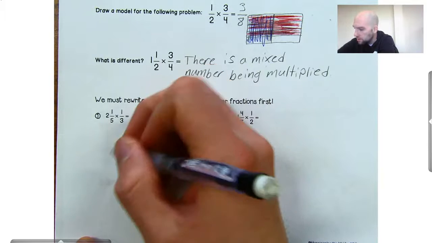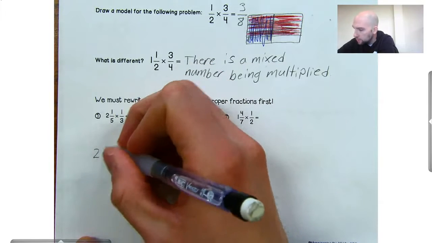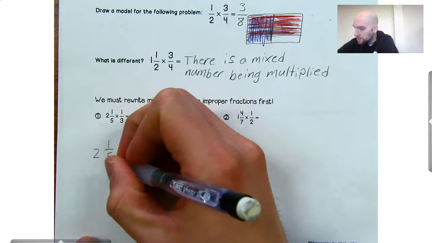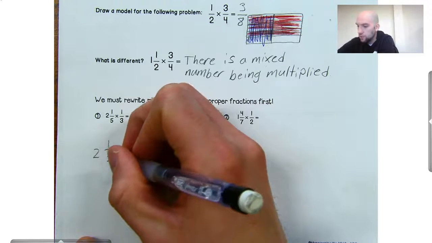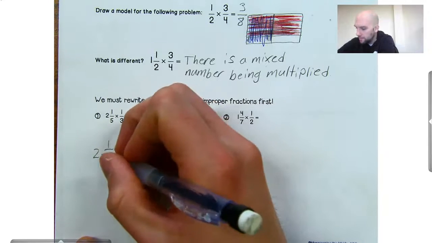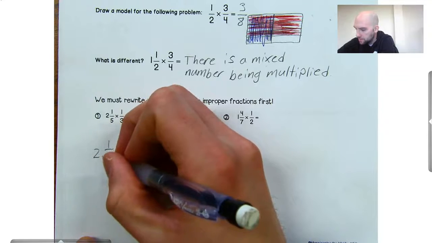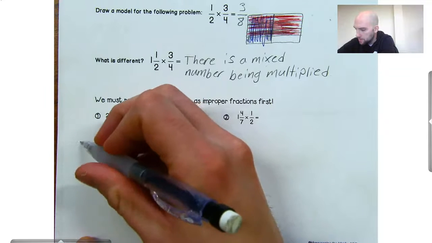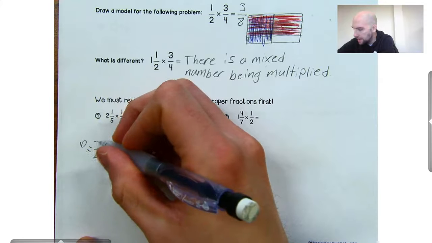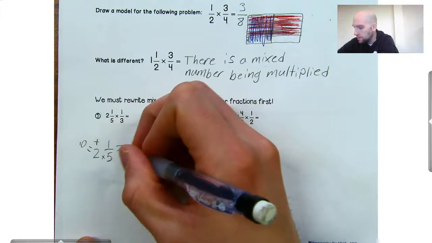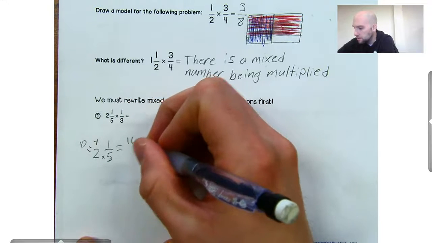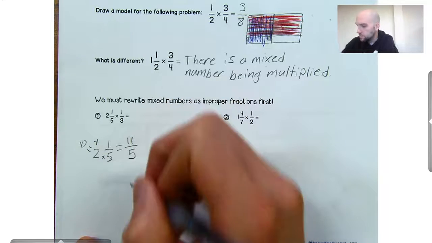But to turn 2 1/5 into an improper fraction, we're going to multiply 2 times 5, and that's going to give us 10. And then we're going to add 10 plus 1, and that will give us 11. 11/5.